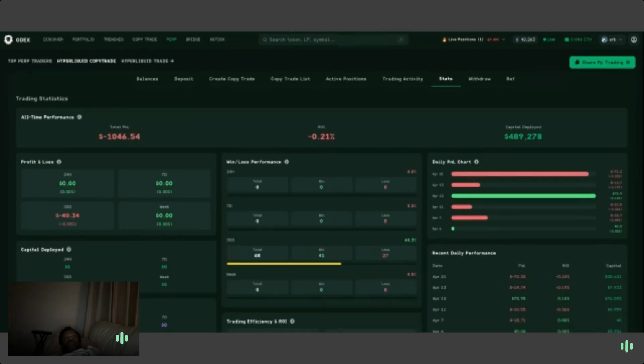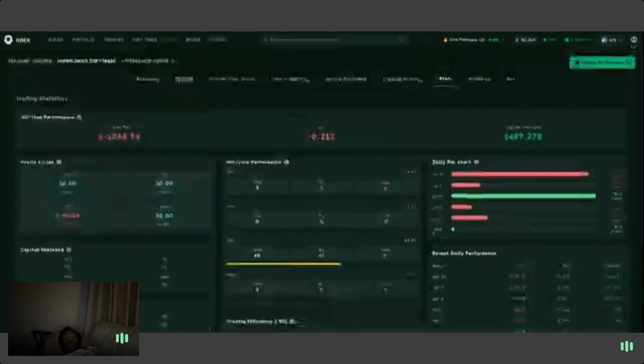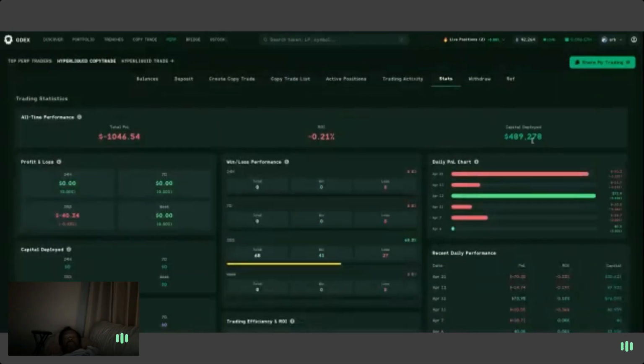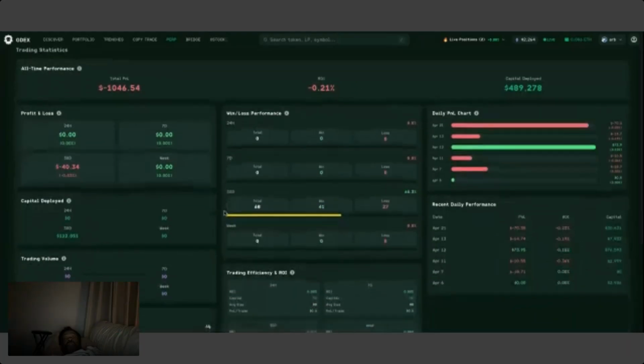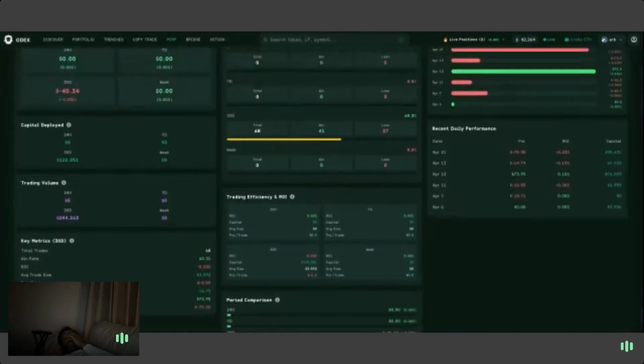All right, so now I'm going to show you an agent wallet. So now you see a wallet I was testing with the agent on. You can see there's 489,000 deployed on this one. ROI is negative 0.21. I've lost $1,000 on 489,000 while I was testing agents. So not only do we share wins, we also share losses as well.